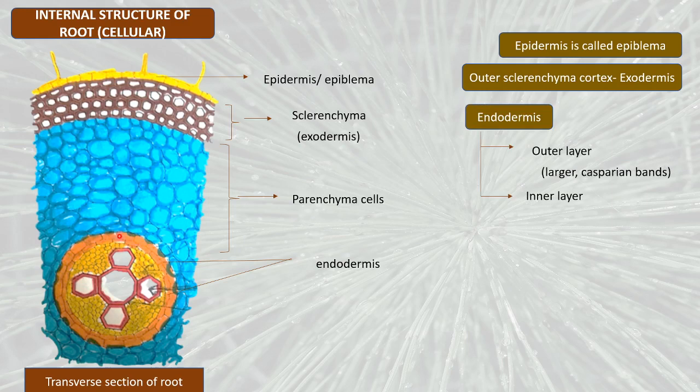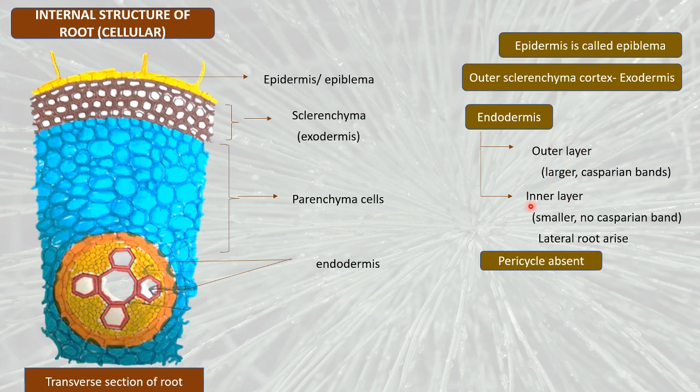So the outer endodermal layer is larger and it has presence of Casparian strip, whereas the inner endodermal layer is smaller and it has no Casparian strip present, right? And also from the inner layer lateral roots arise, right? So this is the main point to understand about the root of equisetum, where endodermis has two layers, outer endodermal layer and inner endodermal layer, right?